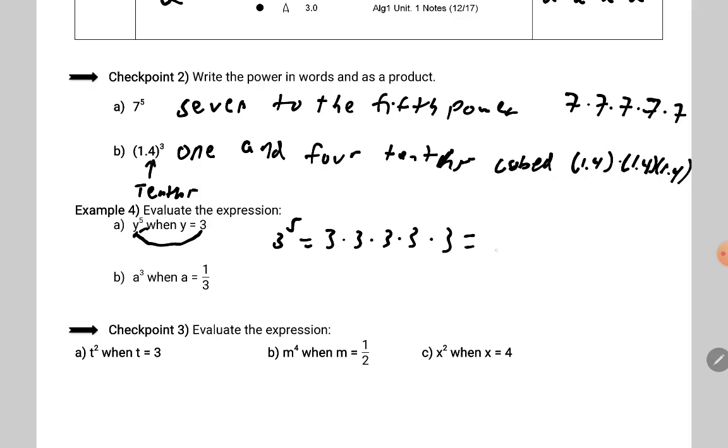If you don't want to use a calculator, we can break it apart. So these two become 9, and these two become 9. So 9 times 9 times 3. 9 times 9 is 81, and then we have 81 times 3, which is 243.